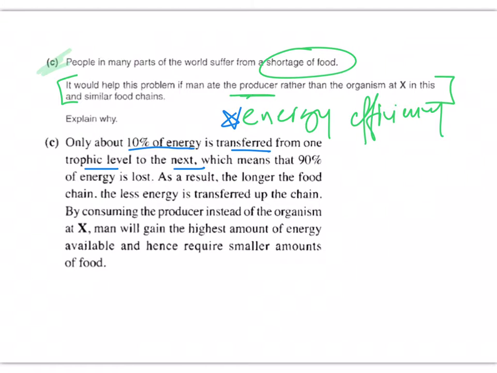So the statement here is the longer the food chain, less energy transferred up to the top consumer. Okay, so they give an example here. By consuming the producer straight away, you will gain the highest amount because there's only one trophic level transfer. Okay, and therefore less energy lost, and you require smaller amounts of food. Okay, so in terms of energy efficiency, if you want to have this phrase in your answer, by all means, go ahead. Okay, that's for C.